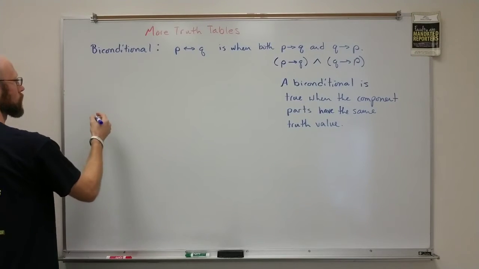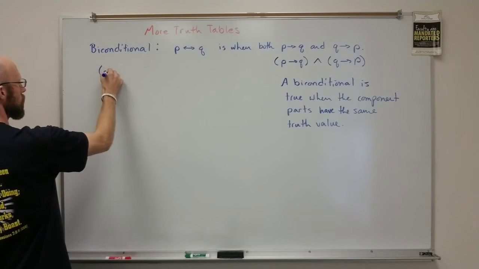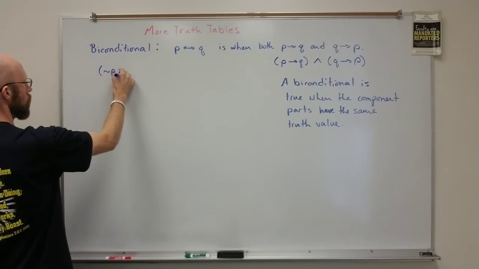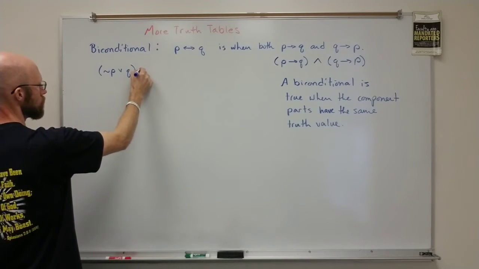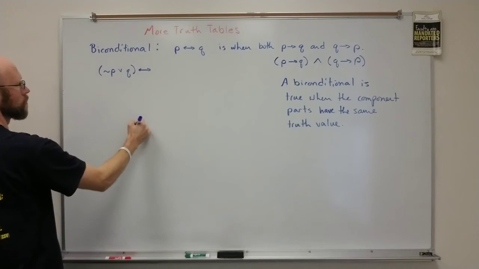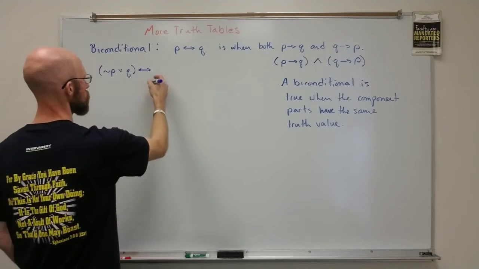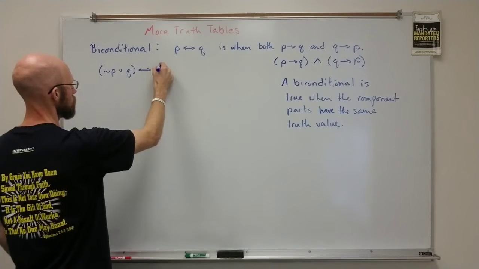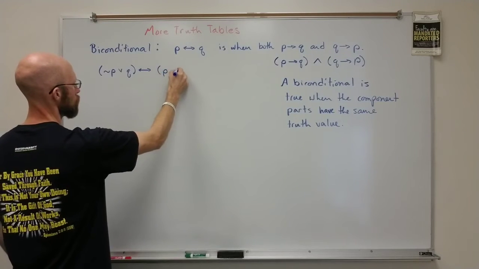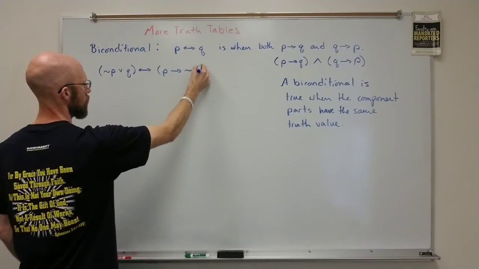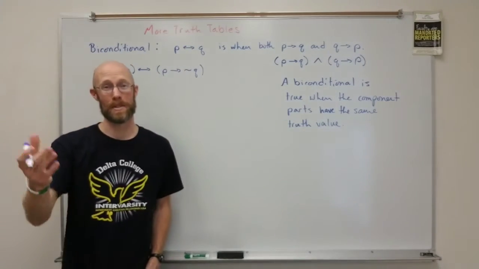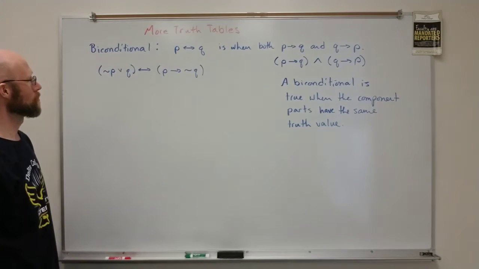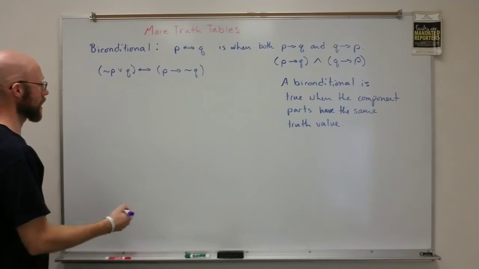Let's say we had something like not P or Q, if and only if P implies not Q, or if P then not Q. I'm making something up here. We'll see what happens when we fill out the truth table.